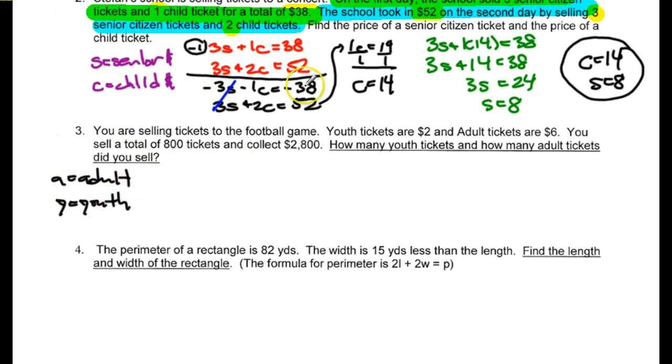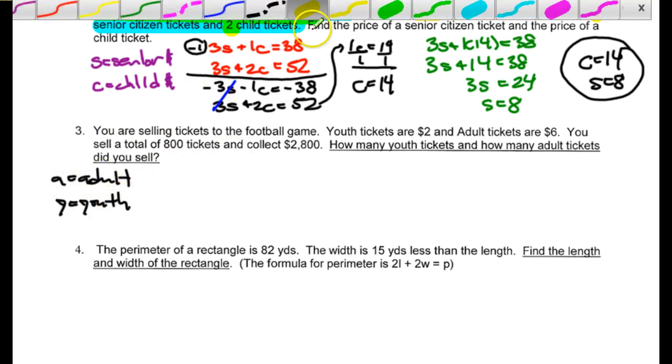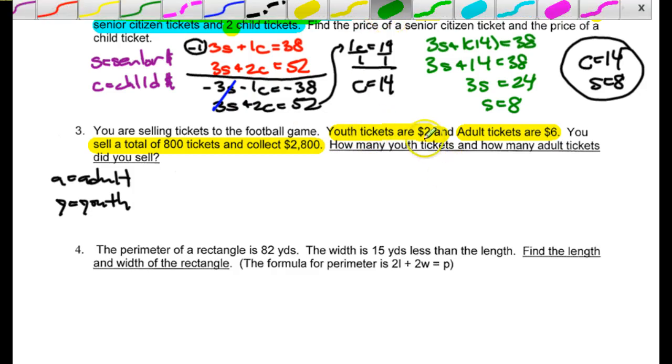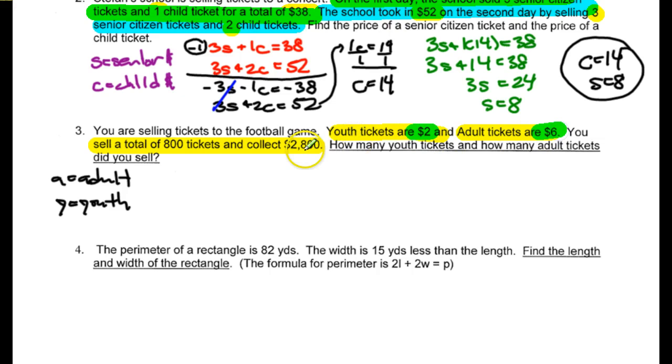So when we go back through here, let's highlight the important stuff. Youth are $2, adults are $6. You sell a total of 800 and collect 2,800. Now this one's different. Let's put the same things together. Do you see what's the same? Money, money, money.